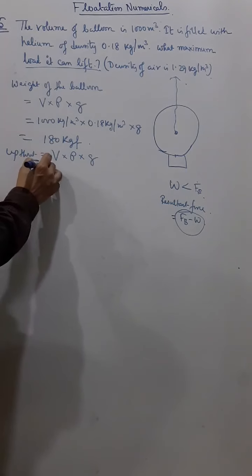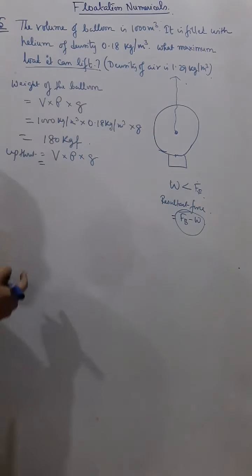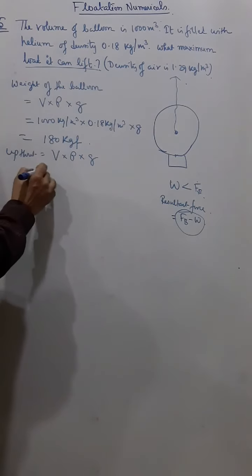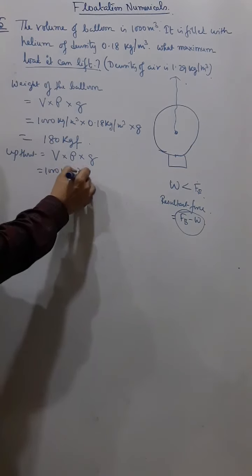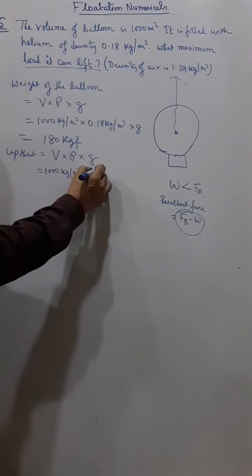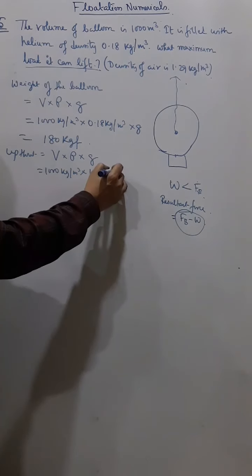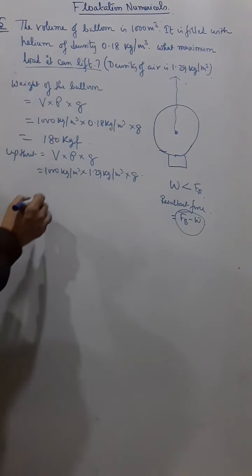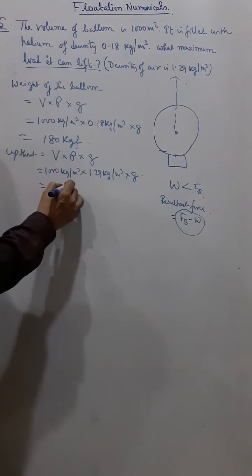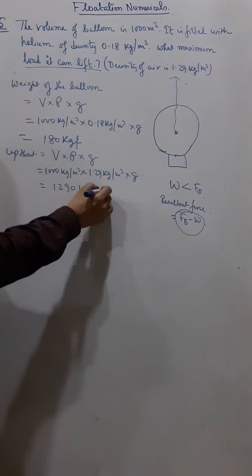Volume of air displaced is also 1000, into density of air 1.29 kg per meter cube, and into G. So we are getting 1290 kgf.